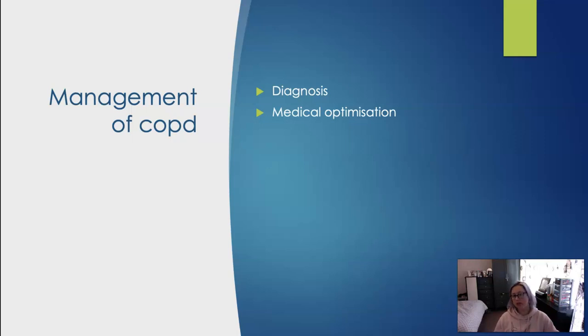Think back to your other modules. We've done the medical model of health and we've done the social models of health. And it's really key that we put these two models together, or we think about the biopsychosocial model of health, which encapsulates the patient holistically. So we have to have our medical optimization, but our patients might also be referred to something called pulmonary rehabilitation.